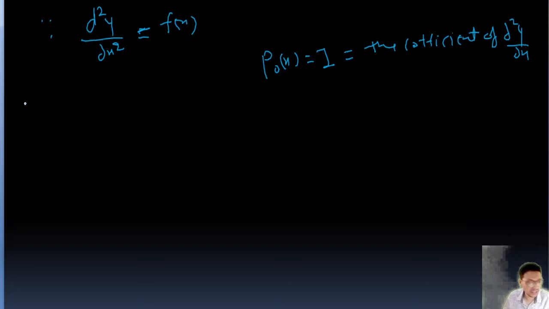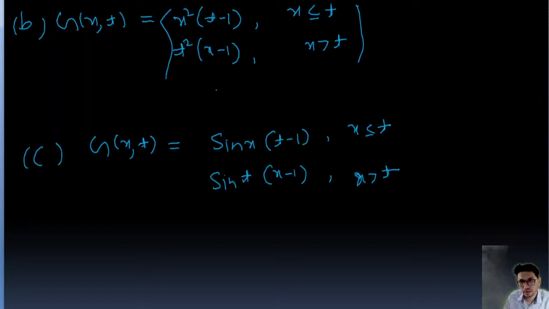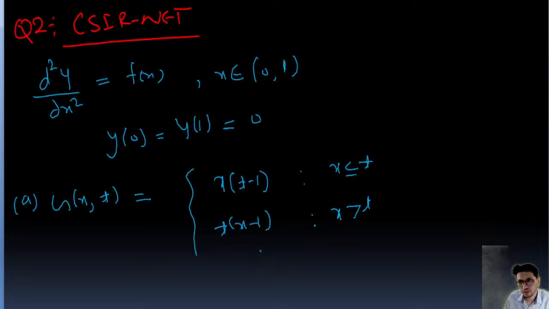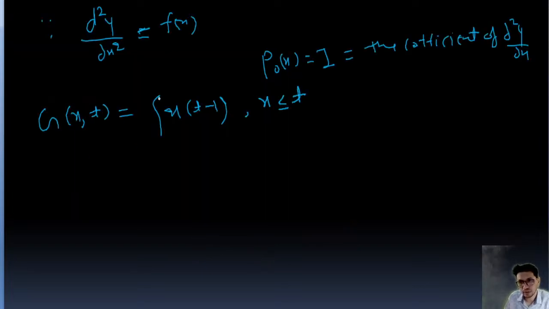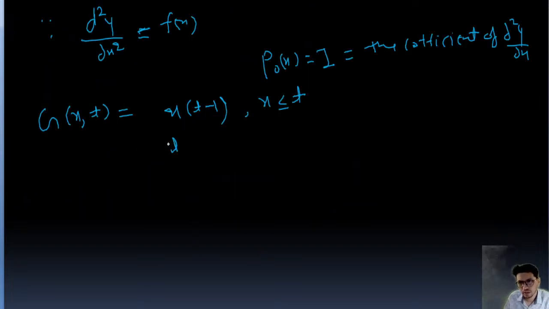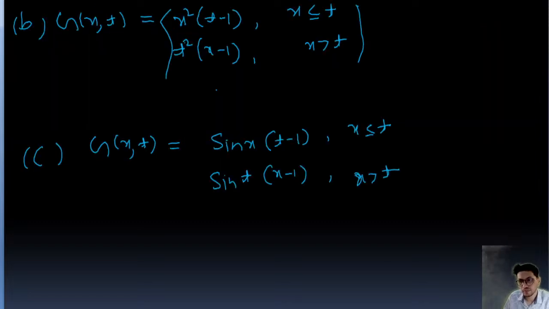First option, guys: g, a function of x and t, is x into t minus 1 for x less than or equal to t, and t into x minus 1 for x greater than or equal to t.